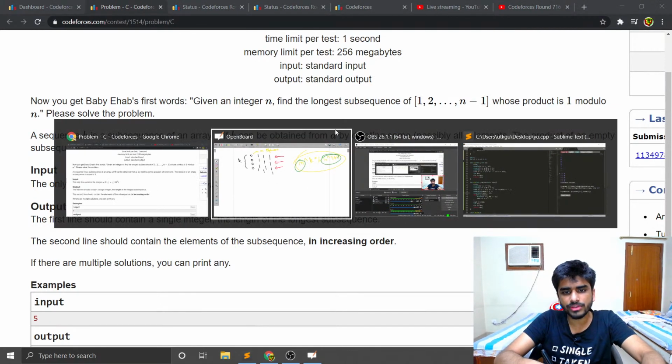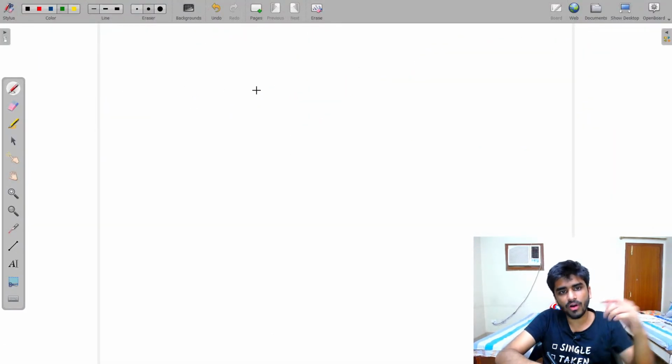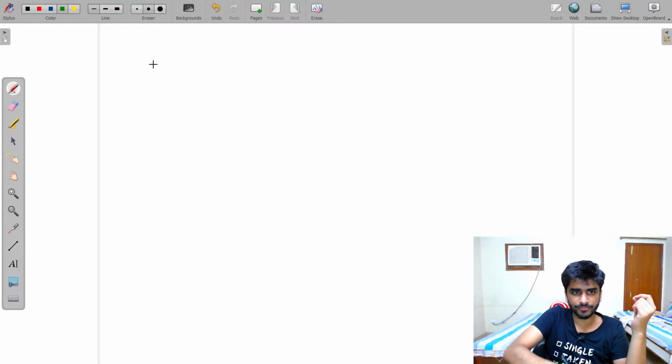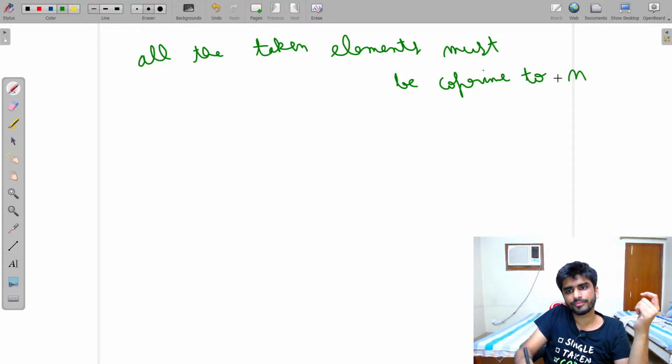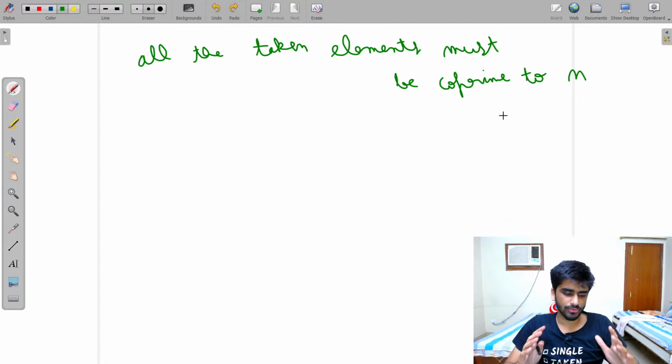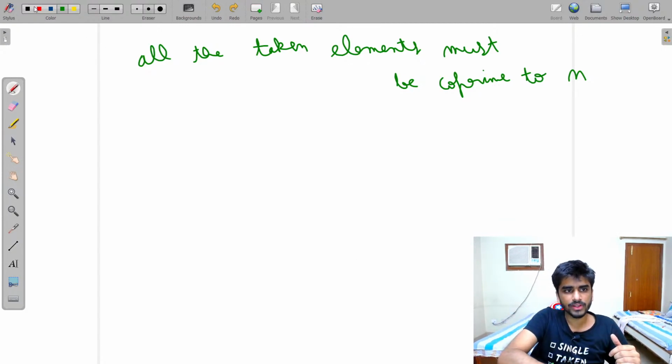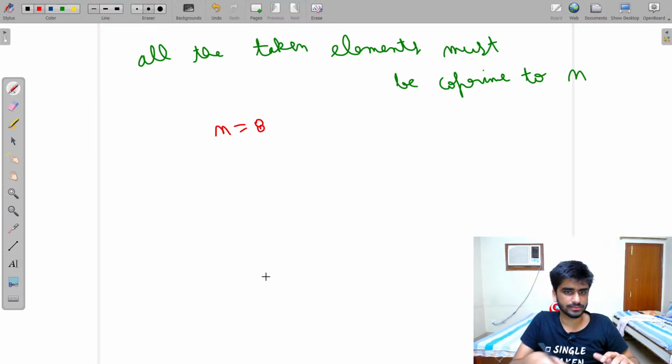So the first observation here is that all the elements that we take must be co-prime to n. Why do we want all of the taken elements to be co-prime to n? I can show you with an intuitive example. Let's say n equals 8, which is a multiple of 2, so 8 is even.